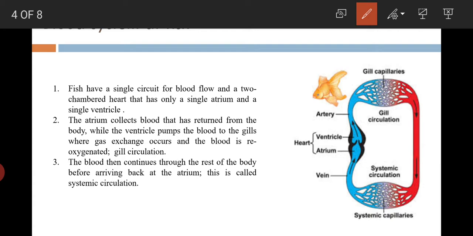They have a single circulation blood flow, and they have a heart which is made up of two chambers, one ventricle and one atrium.